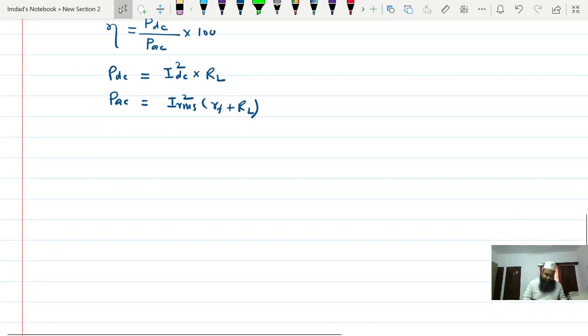Now you have to calculate the DC value IDC of the load current.